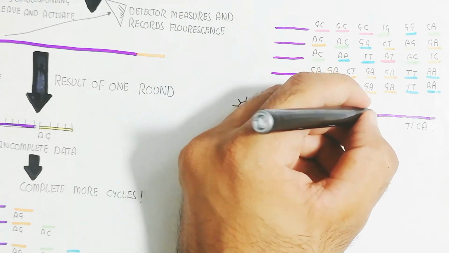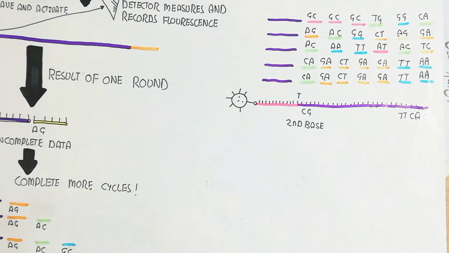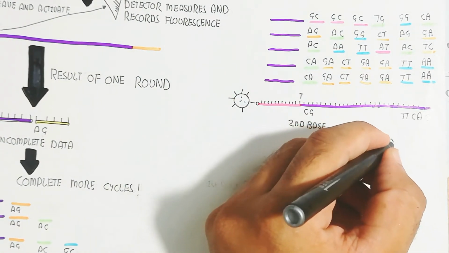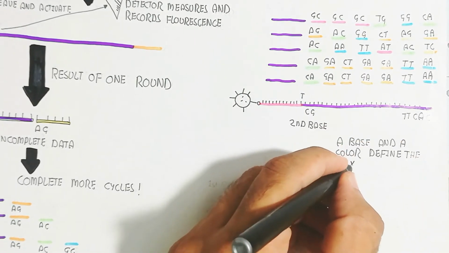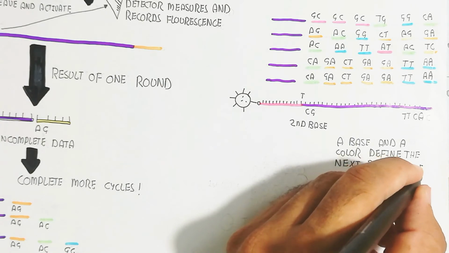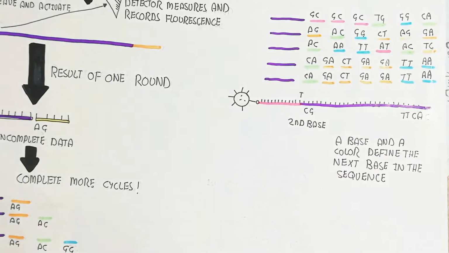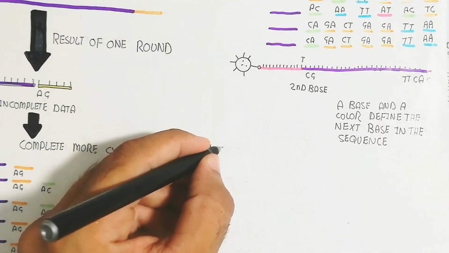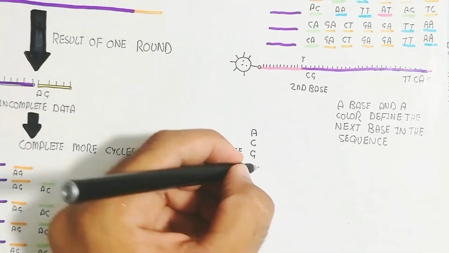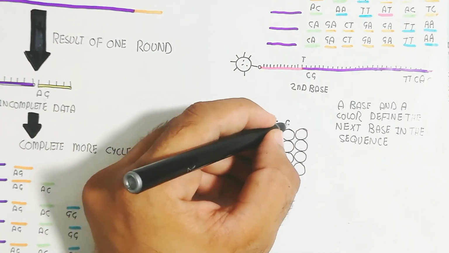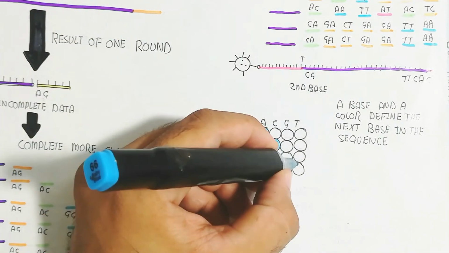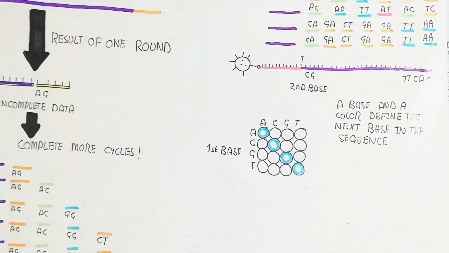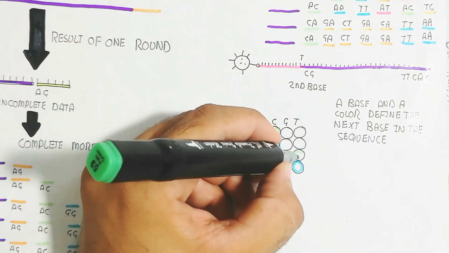The second base is cytosine and guanine. The first base can be thymine, cytosine, adenine, and a base and a color define the next base in the sequence.